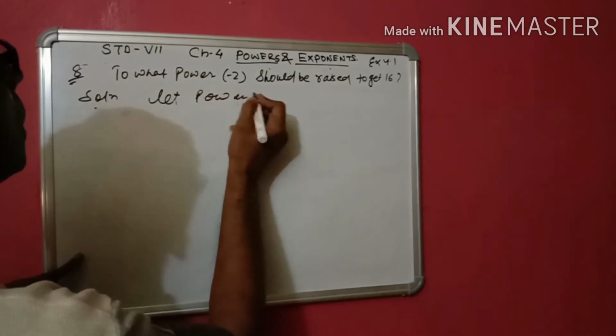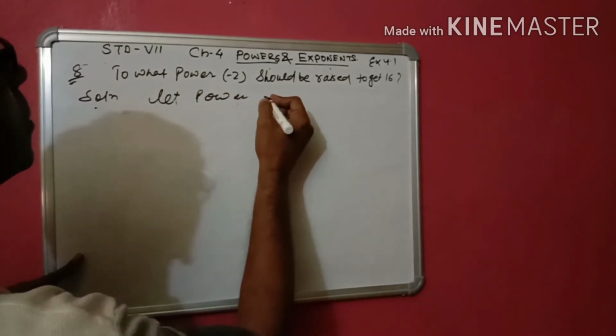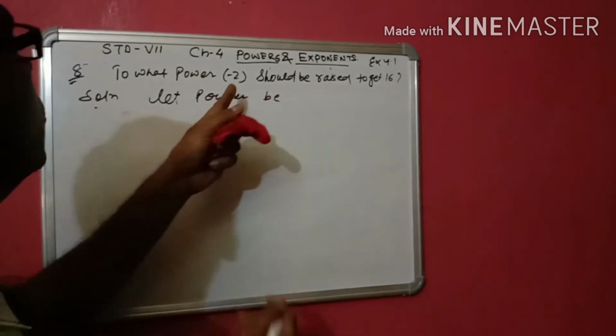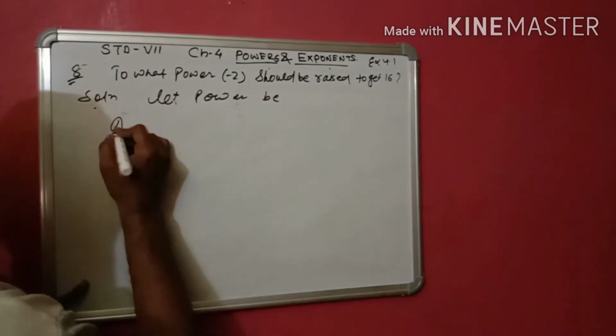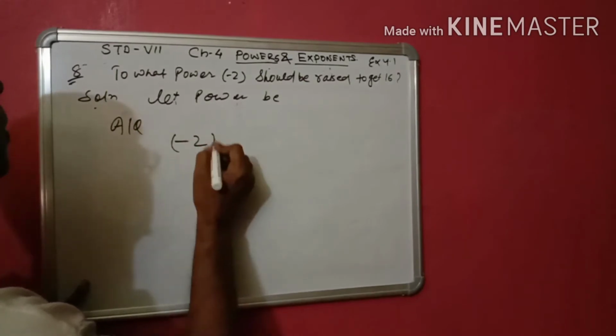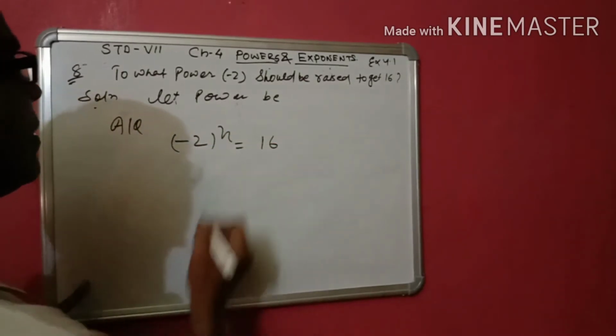So I can write according to the question, minus 2 to the power x equal to 16.